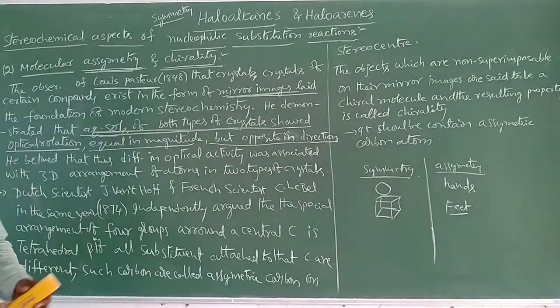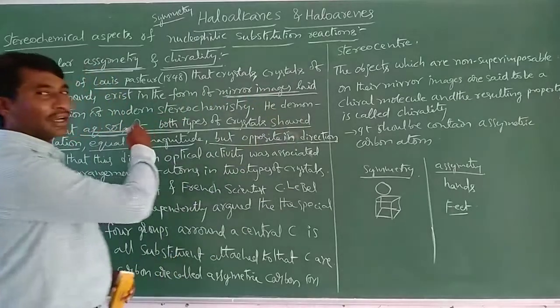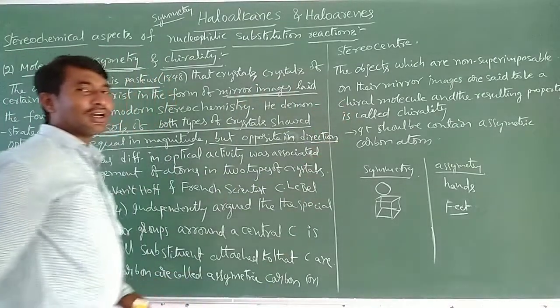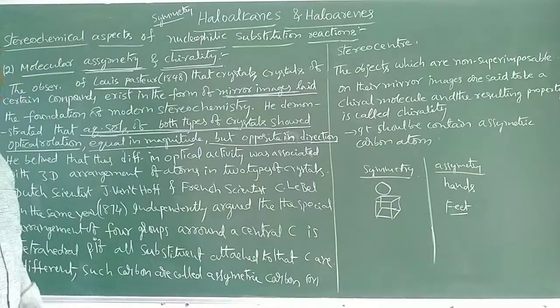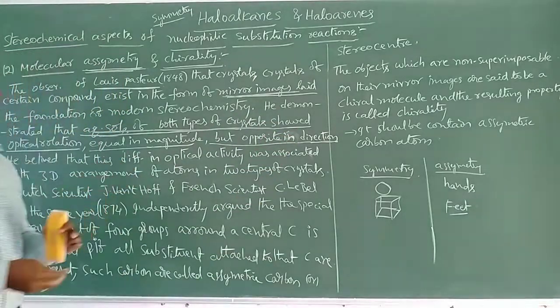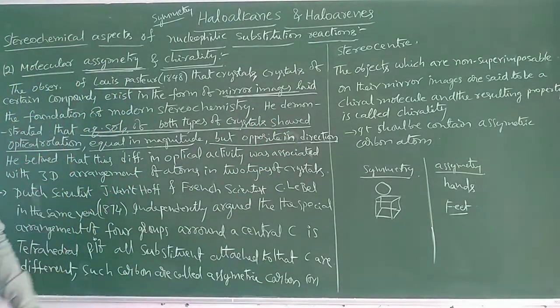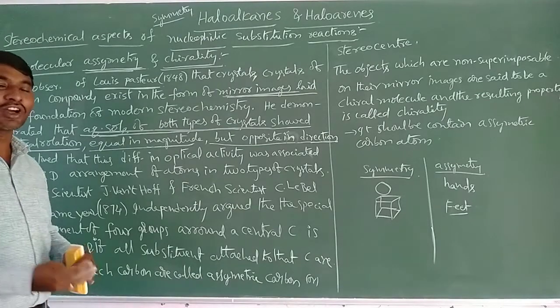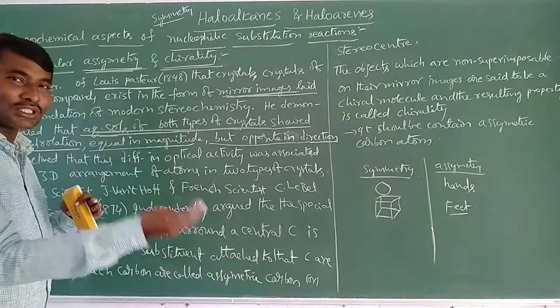The rotation will be opposite in direction. One direction is levo, another is dextro. Means one is left side, another is right side. So the magnitude of rotation is equal, but in opposite direction.